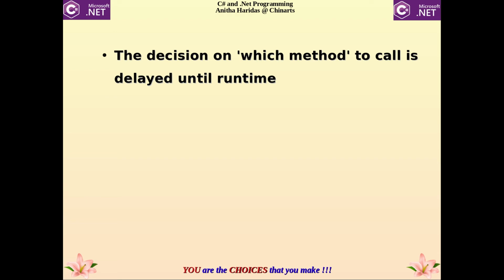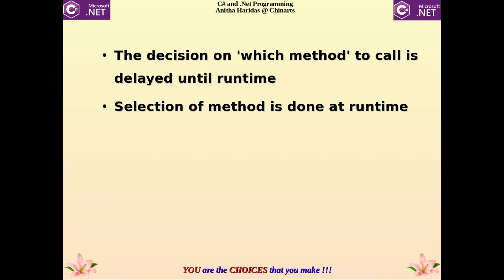That is why we call it runtime polymorphism. So the selection of methods will be done here at runtime, whereas in compile time polymorphism, selection of method will be done at the compile time itself. That is the basic difference between compile time and runtime polymorphism.